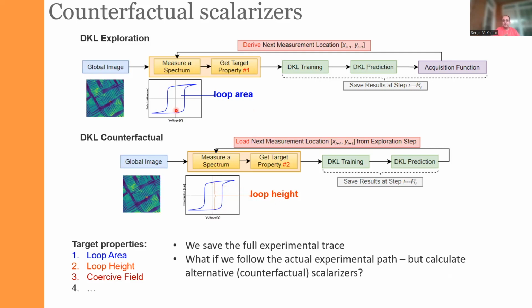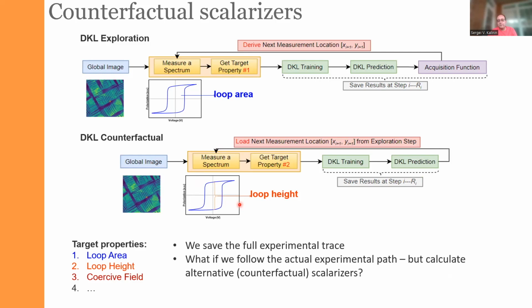Obviously we can calculate the counterfactual scalarizer only for the next step, because then the progression of the real experiment and the counterfactual experiment will diverge. So it's a one step look-ahead type of problem.